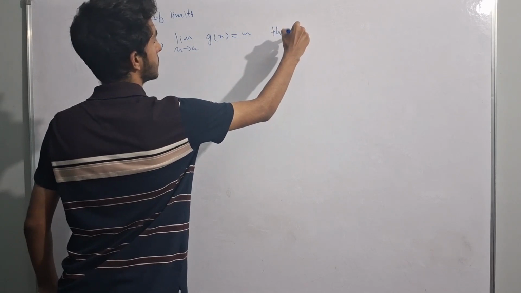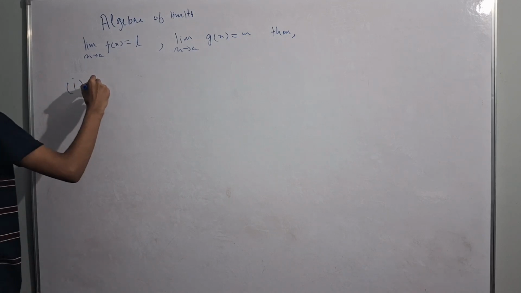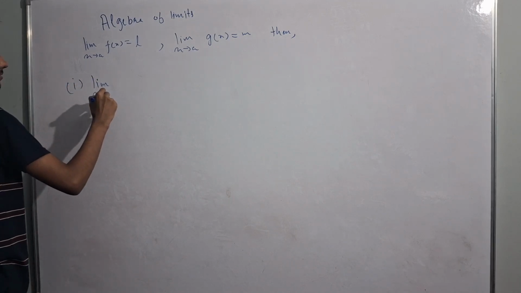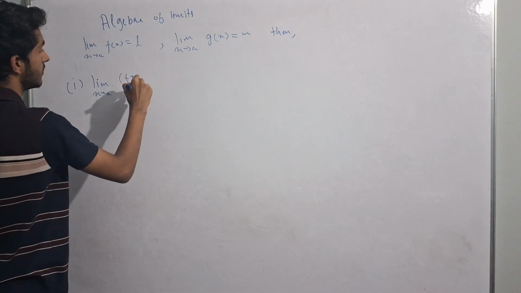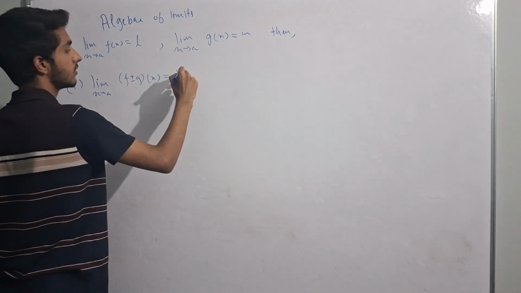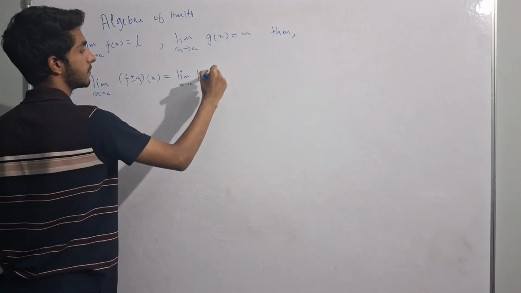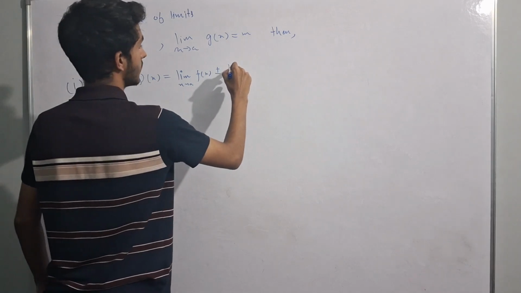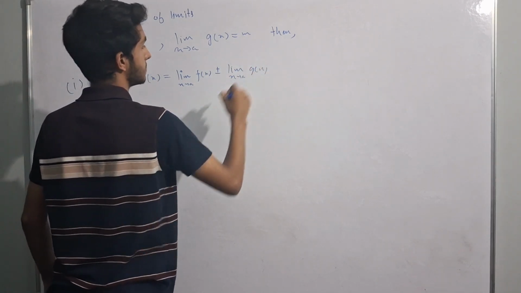Then first, limit x tends to a of f plus minus g of x is equal to limit x tends to a f(x) plus minus limit x tends to a g(x).